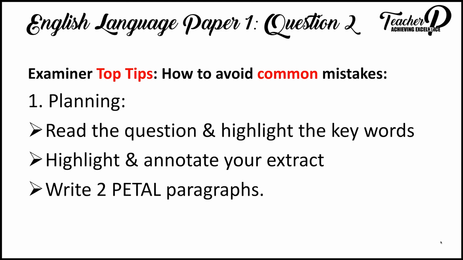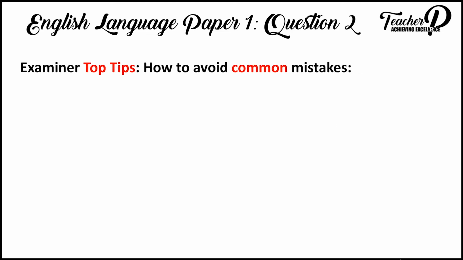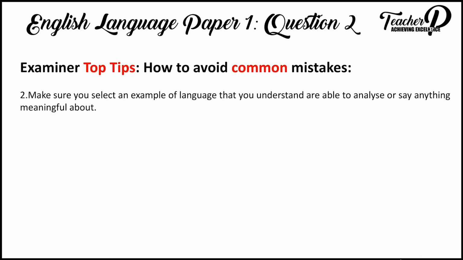Once you've done that, you need to make sure that your analysis of the effect is accurate and contextualised. When selecting examples of language, you must make sure that you are selecting examples that you understand and are able to analyse or say something meaningful about.